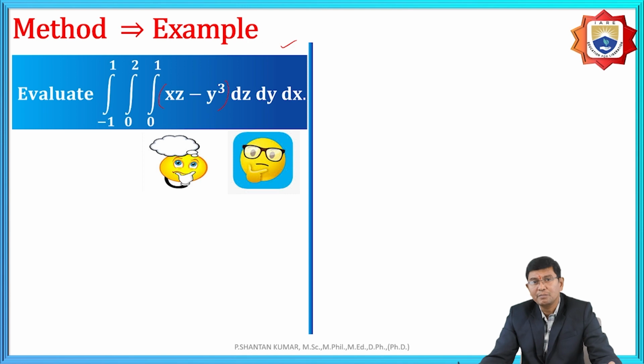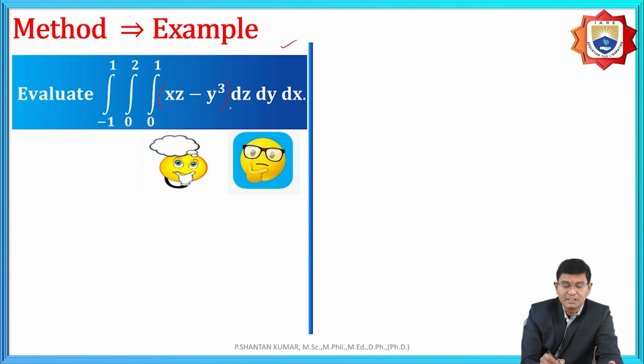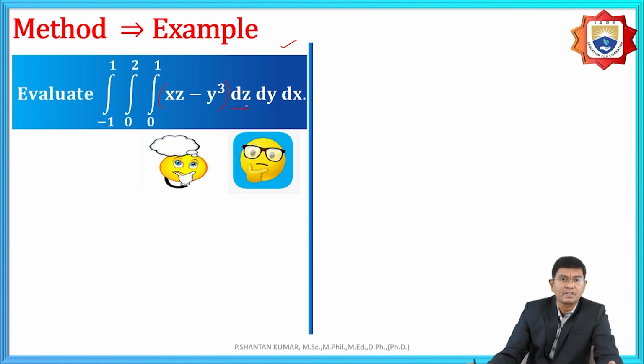Here the limits are constants, and based upon the previous slides, we can follow any order, but here the inner variable is z as given. That means we integrate first with respect to z.